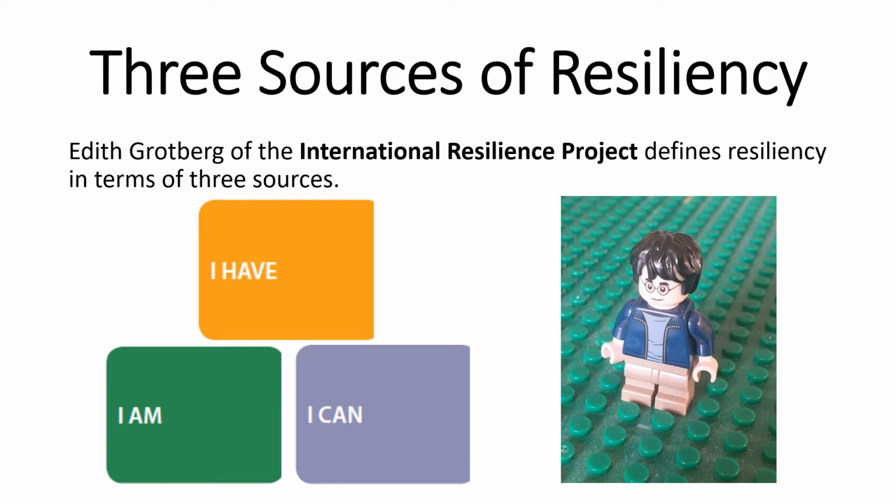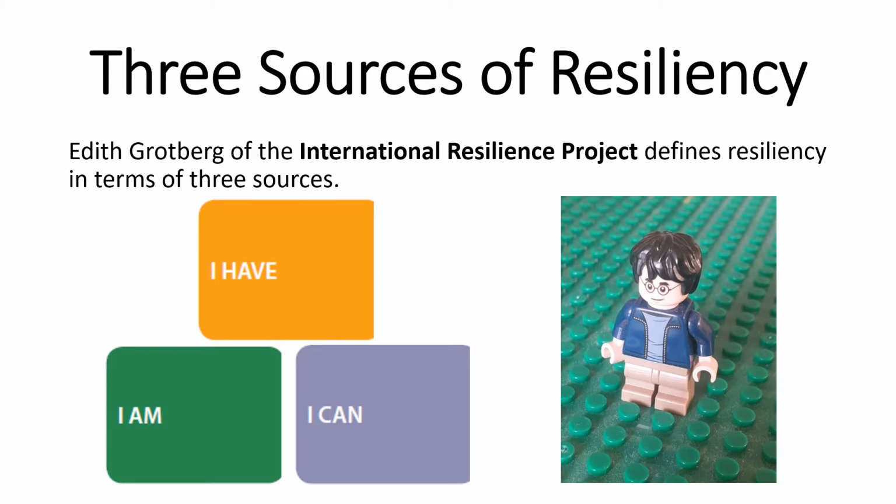A useful approach to use when planning how to develop resilience within children and young people is to use the three sources of resiliency framework from the International Resilience Project. This framework identifies three main sources that can contribute to how resilient someone is. These are: firstly, I have.